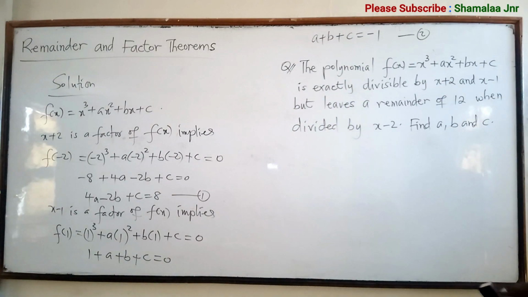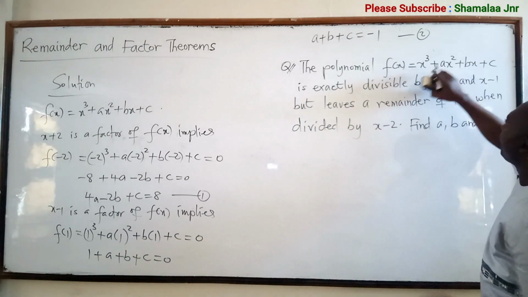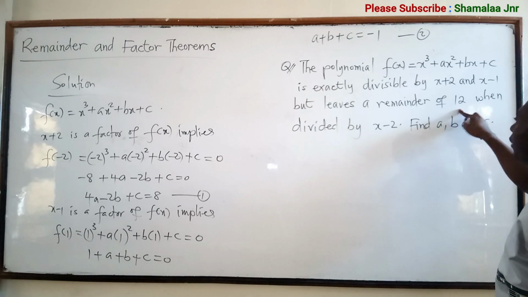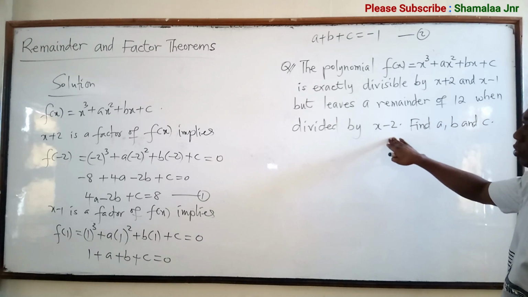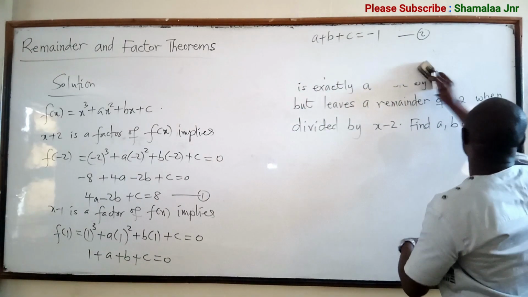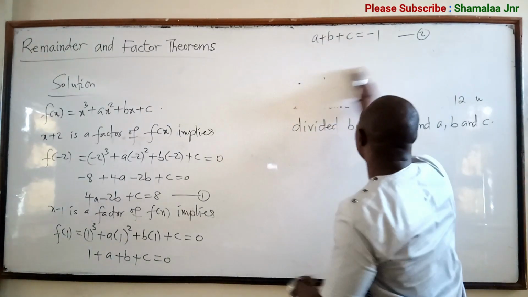And then this same polynomial leaves a remainder of 12 when divided by x minus 2.